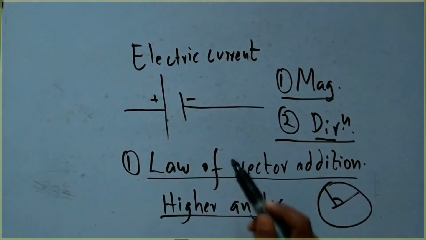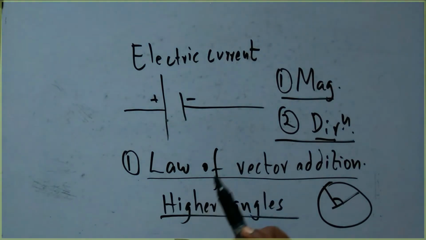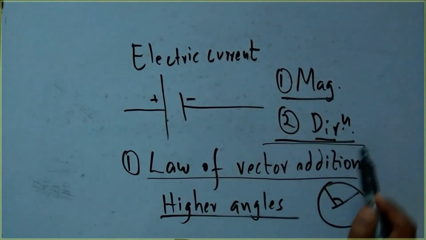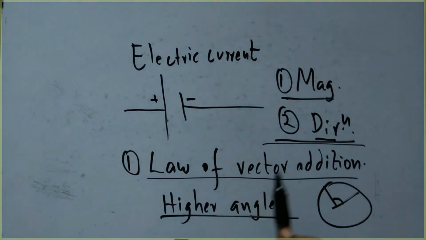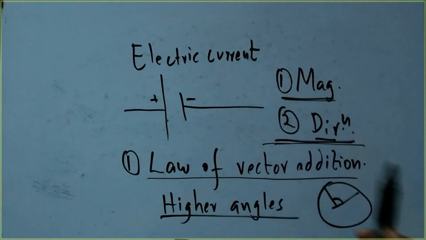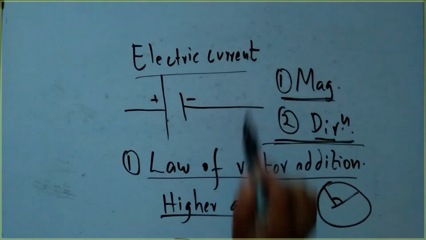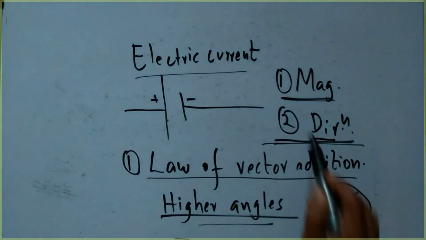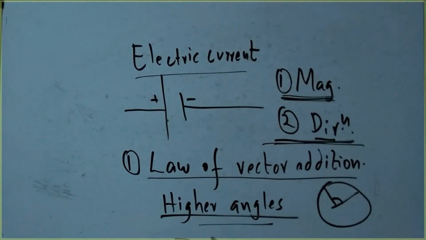So the important point to note here is that vector quantities always have magnitude and direction, but if quantities have magnitude and direction, they are not necessarily vectors. We have seen examples where electric current and finite angles have both magnitude and direction, but they are not vector quantities because they do not follow the vector law of addition.